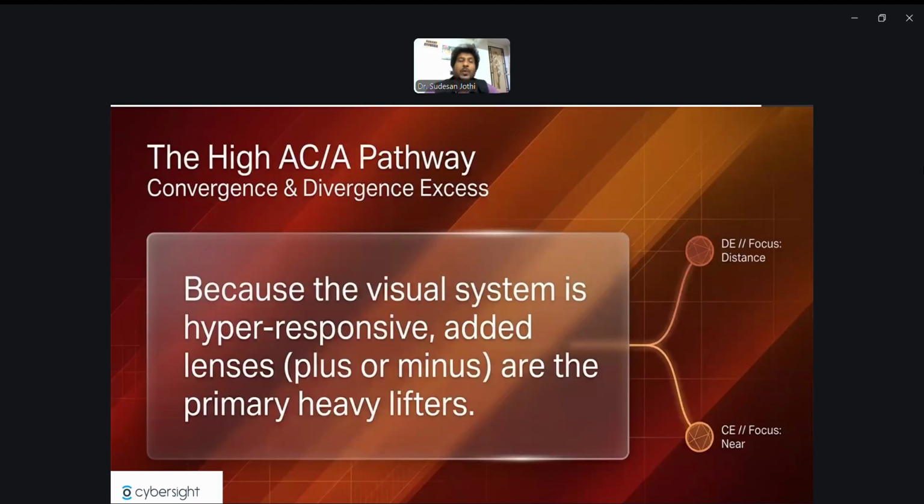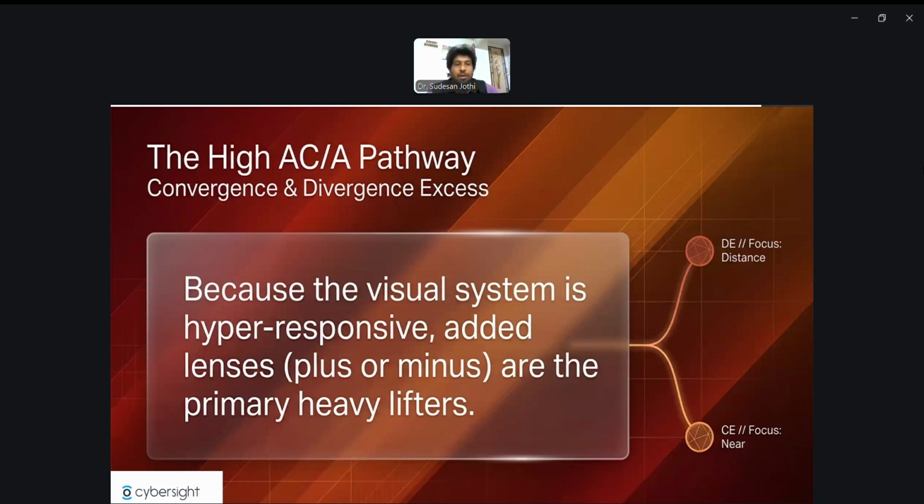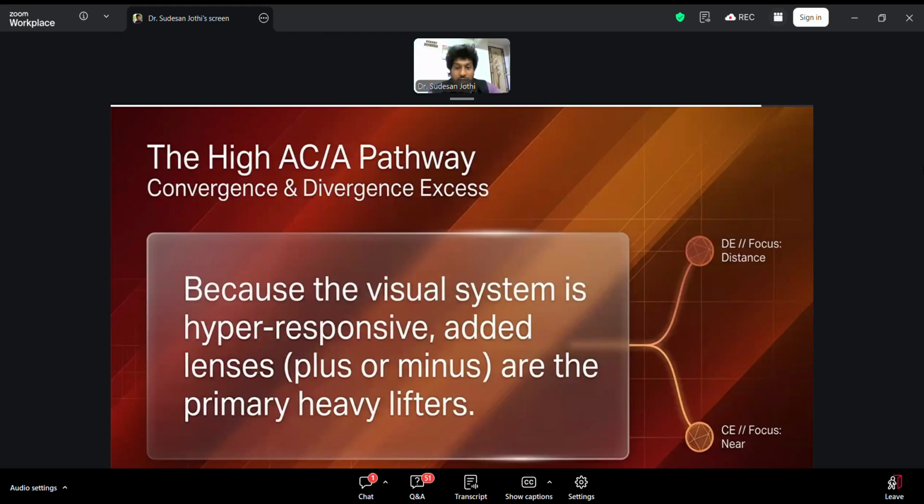We now move from the low AC/A condition to a high AC/A pathway. Unlike the low AC/A patient, these individuals respond very well to lens changes.